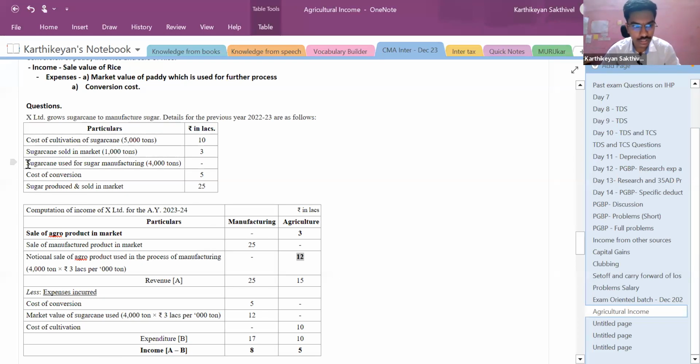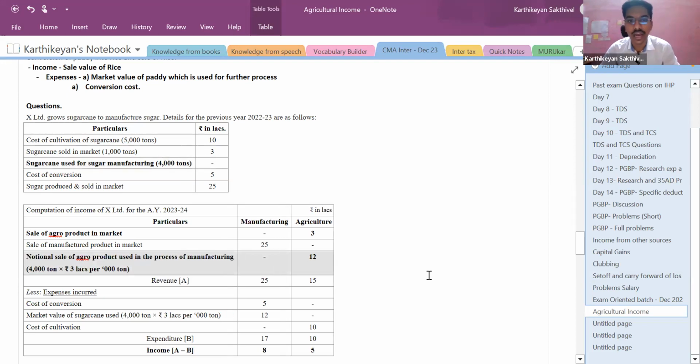For these 4,000 tons of sugarcane which is used for further produce, its market value is to be treated as agricultural sale. The same 12 lakhs should be claimed as an expenditure in business income.